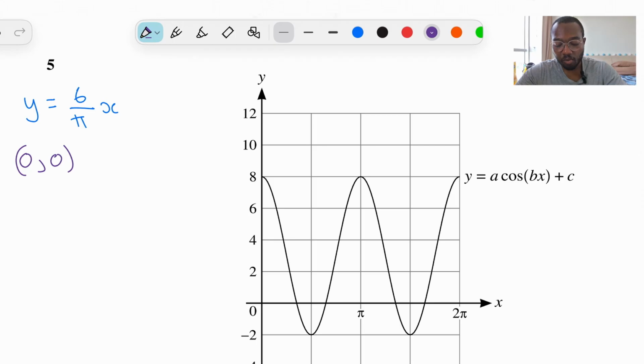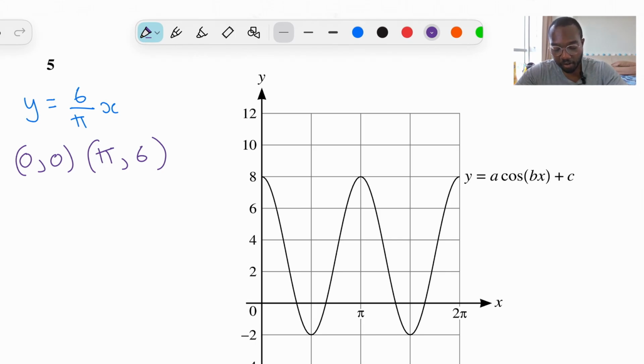Now we want another one that is easy to solve. We have pi as an x value. If we make x pi, then we get 6 pi over pi, which makes y 6. So pi, 6 is another coordinate, and that'll be easy to plot on our graph.